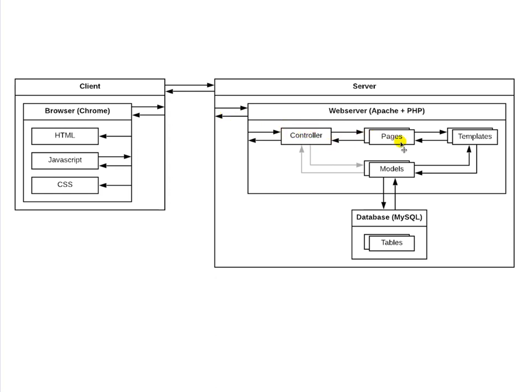A controller will then load a page, and in this page will be loaded templates. These templates can generate the HTML using models. And the models have PHP functions in them which can request data from the database and put data into the database. Sometimes it's not that common, but sometimes the controller can also request information from the models.